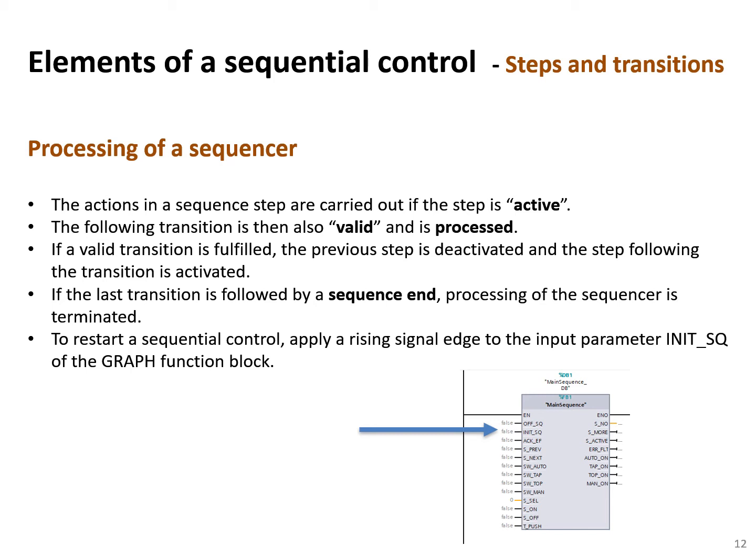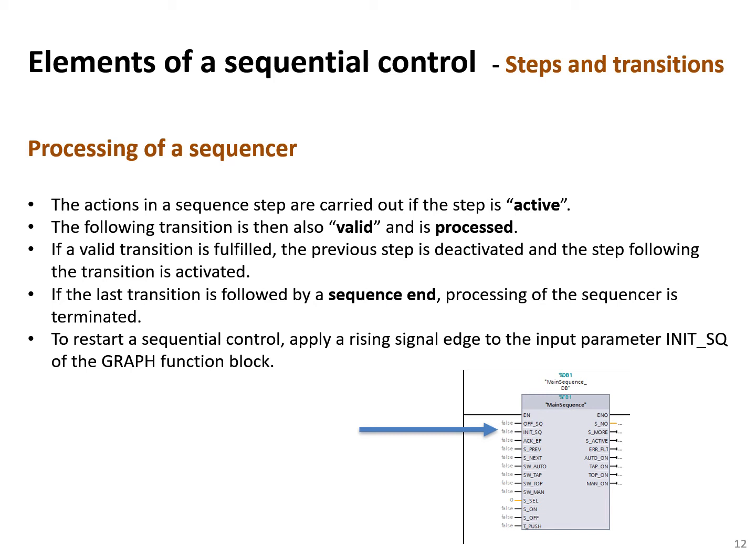To restart the sequential control, apply a rising signal edge to the input parameter INIT_SQ of the GRAPH function block. So if we send the rising signal edge to this input, what does that mean?